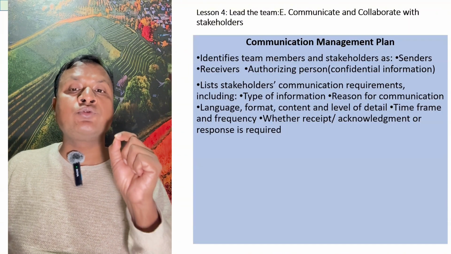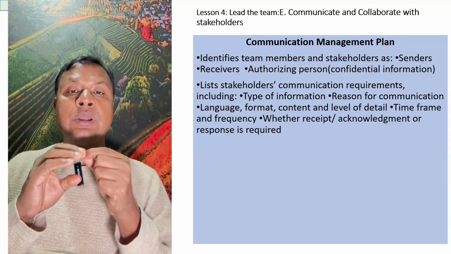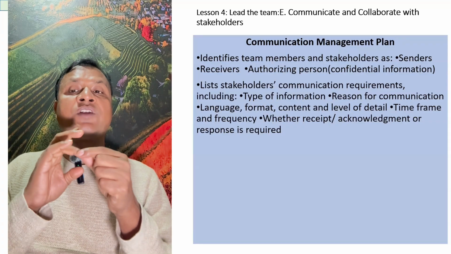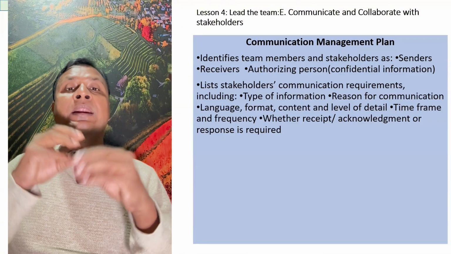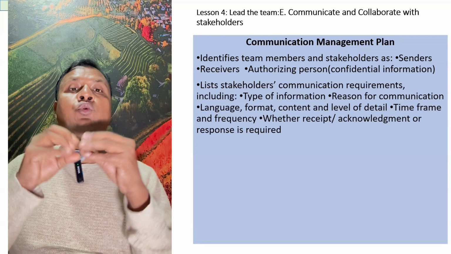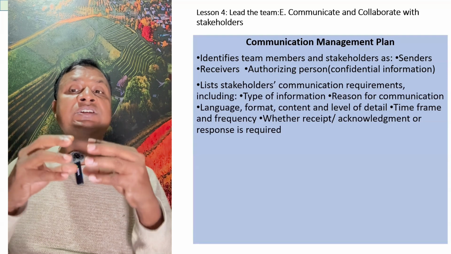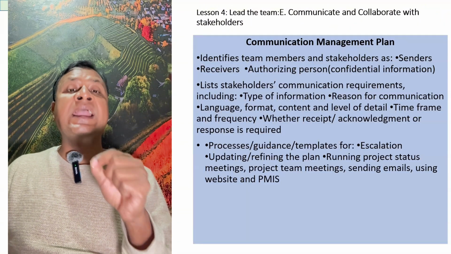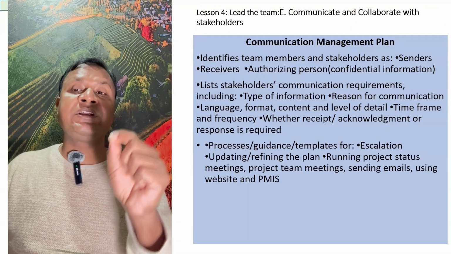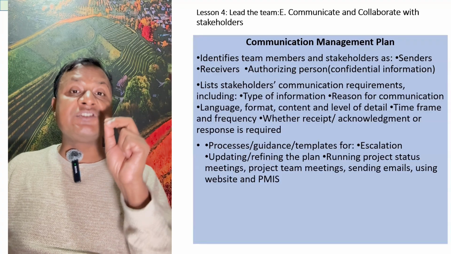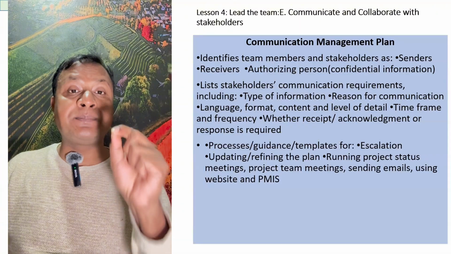In the communication requirements, we should have the types of information, the reason for communication, what language we will use, what format, what the content will be, what the time frame is, what the frequency is, and whether receipt and acknowledgement or response is required or not. Then we should fix the processes, guidance, and templates for communication. If it is difficult, we should escalate it to the higher authority. We should update and refine the plan.